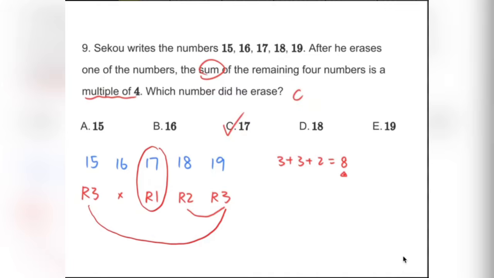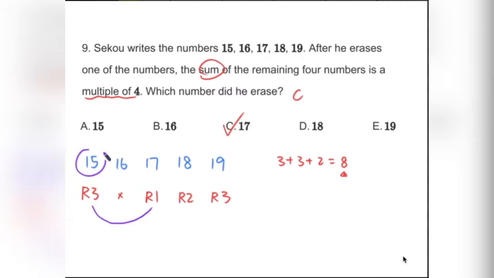This is the faster way. Also let me explain more, okay? Just as what I showed you, why can we just pair up R3 and R1? For example, back to the original numbers, 15 plus 17, what can you get? That is 32, right? Is 32 divisible by 4? Yes. Why? Because we just deal with the remainders.